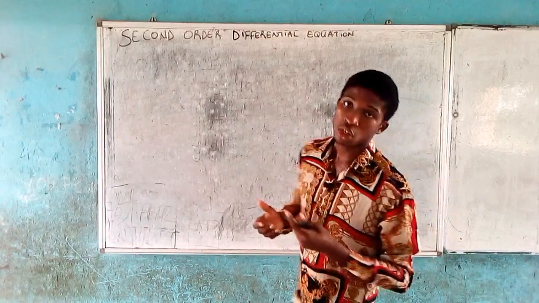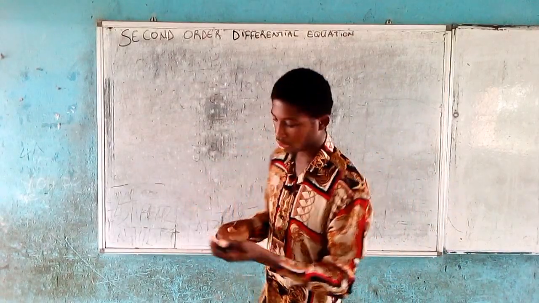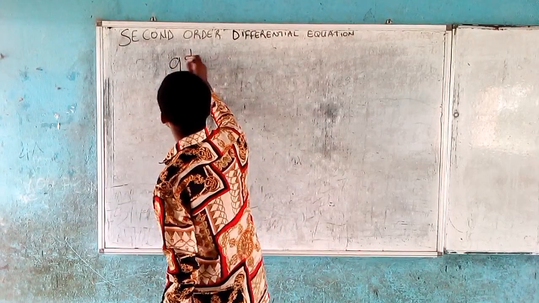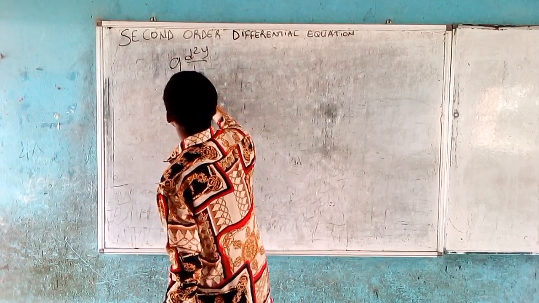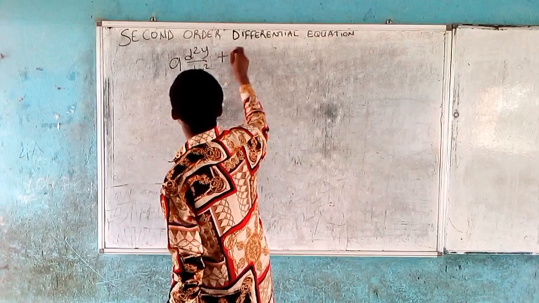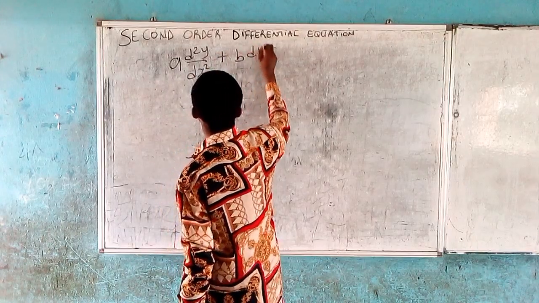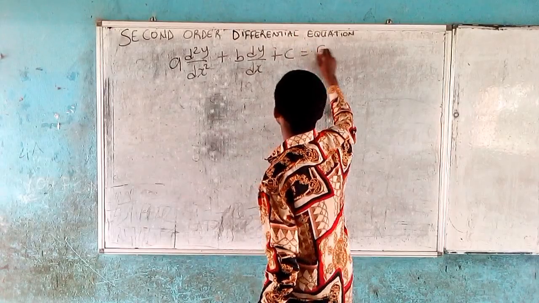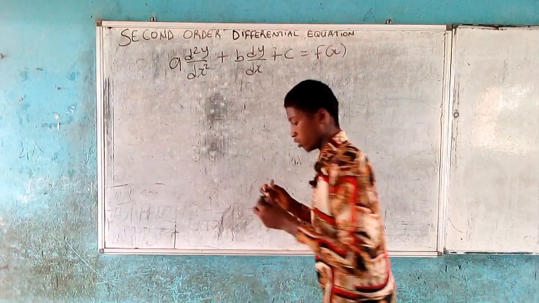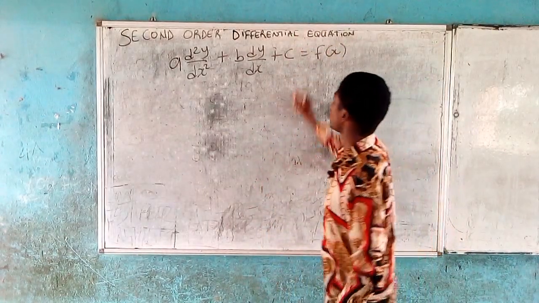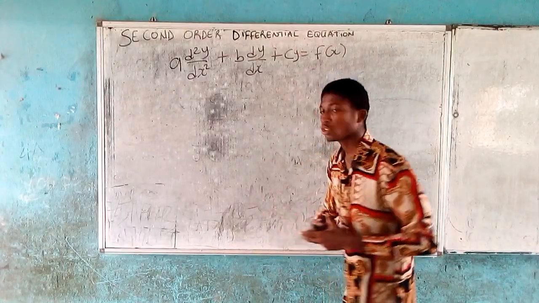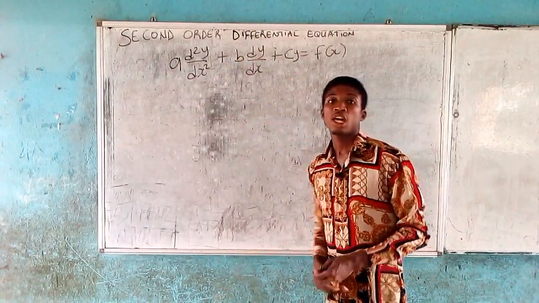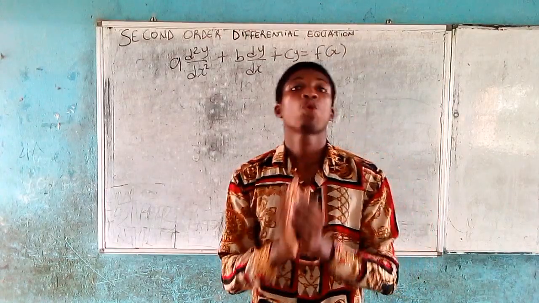Now, for a second order equation, the form is in this way: a d²y/dx² plus b dy/dx plus cy equals f of x, where a, b, and c are called the constant coefficients.